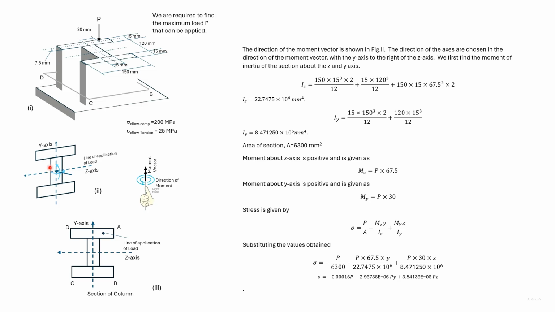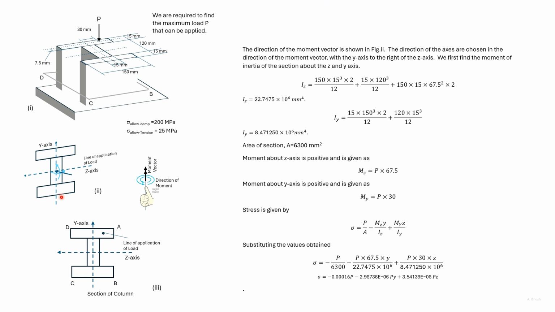About the vertical axis, this will be the direction of the moment. About the horizontal axis, this will be the direction of the moment. We choose the axis so that the direction of the moment vector aligns with the axis.